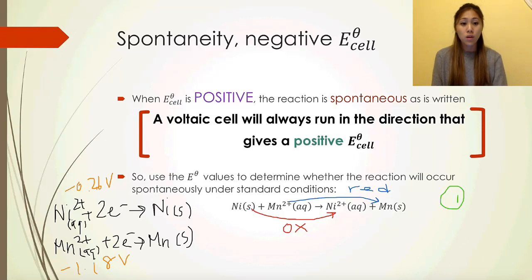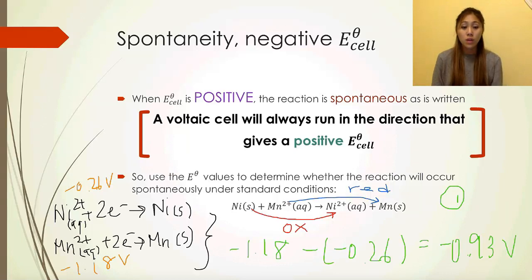The nickel half reaction gives us negative 0.26 volts, and the manganese 2 plus gives us negative 1.18 volts. We use the equation of the cathode electrode potential minus the anode electrode potential, so negative 1.18 subtract negative 0.26, that gives us negative 0.93, and that's the standard potential of the entire cell.